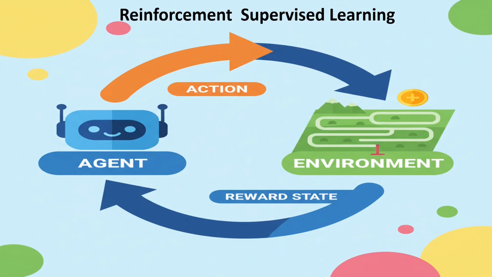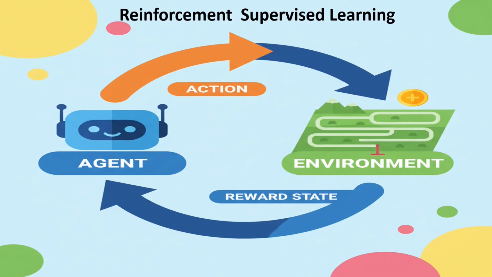Suppose you think about an agent, like a robot or some game character. That agent has an environment and does some action. If the action is a good move, it will get a reward, and if the action is a bad move, it will get a penalty.